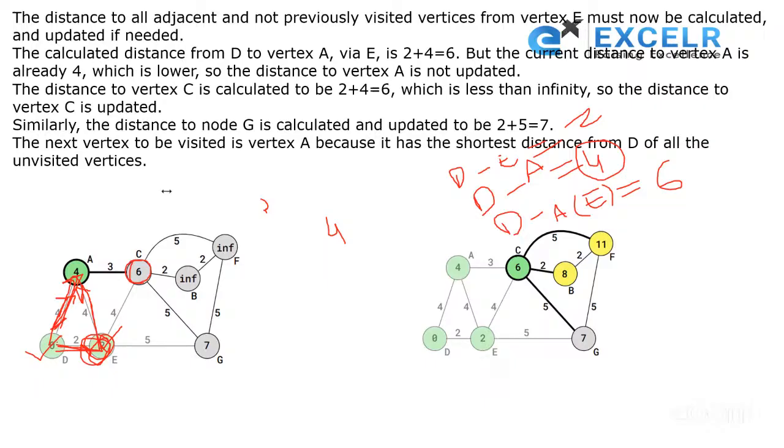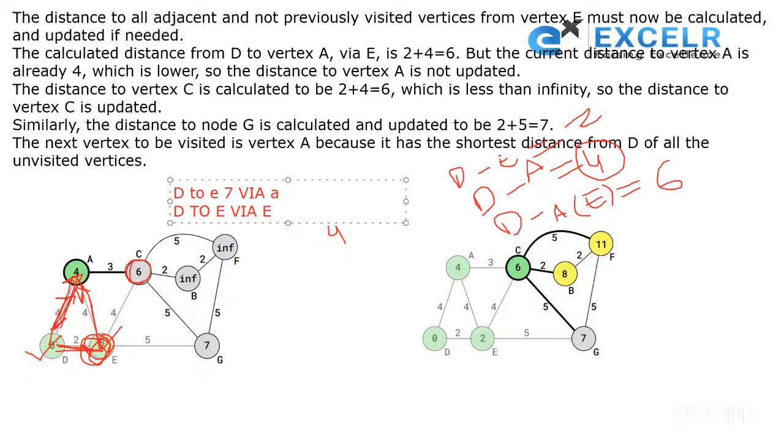If I go like this, see, D to C is 7 via A. Similarly, D to C via E, it is what? How much?